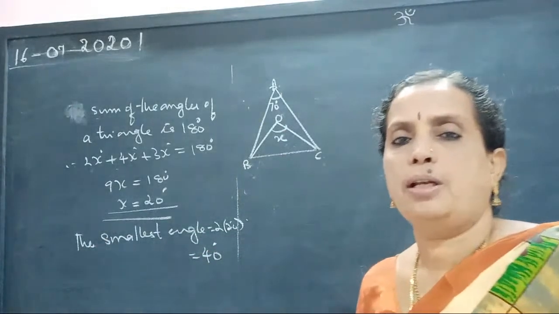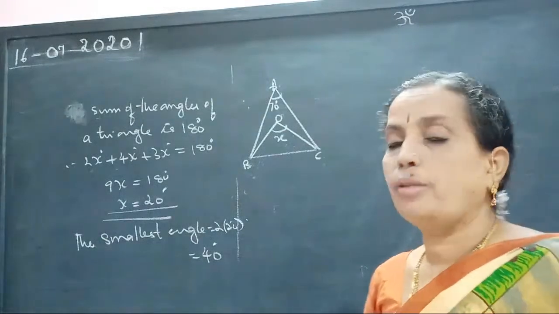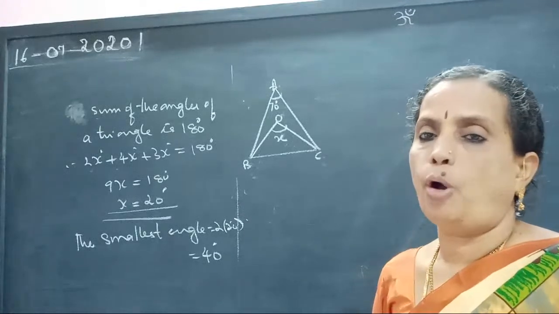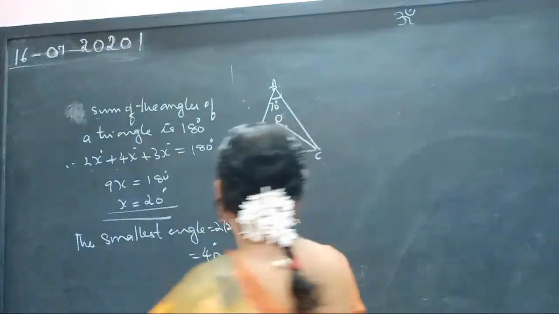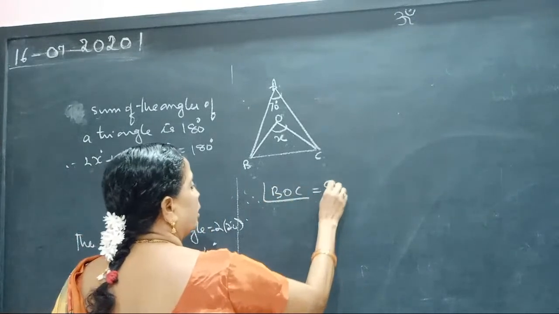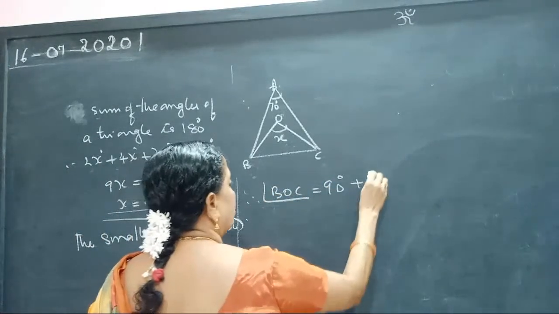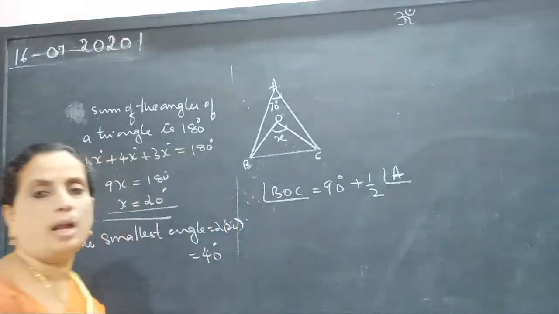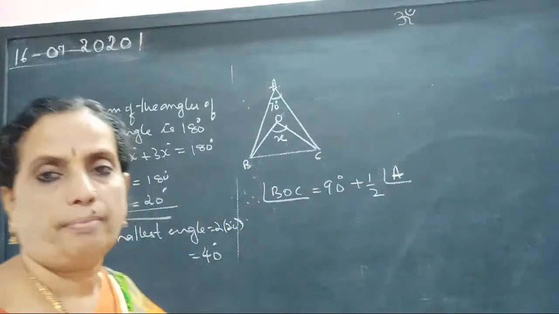The bisectors of the base angles intersect at point O. Therefore, angle BOC equals 90 degree plus half of angle A. This result we have proved in the earlier class.